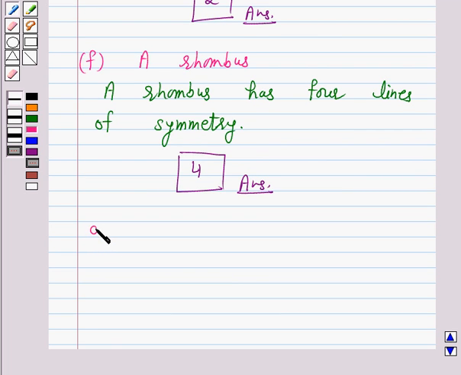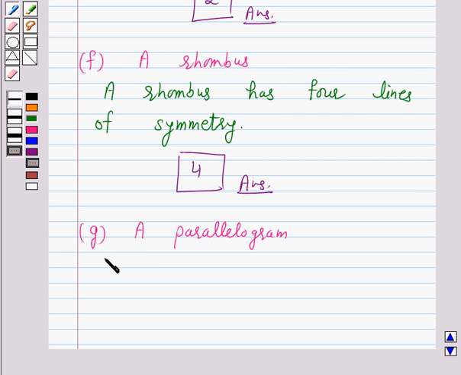Now in part G, the given figure is a parallelogram. Opposite sides of a parallelogram are parallel and equal. So we cannot have any line about which, if this figure is folded, the two parts of this figure will coincide.